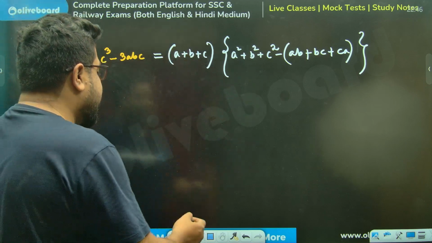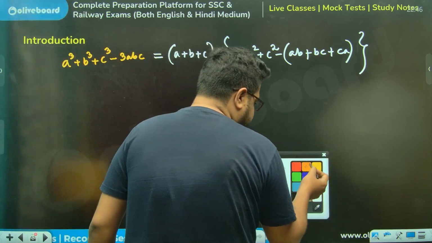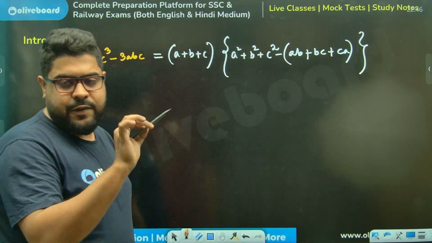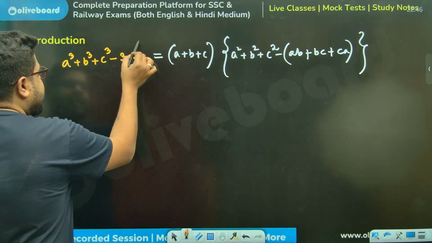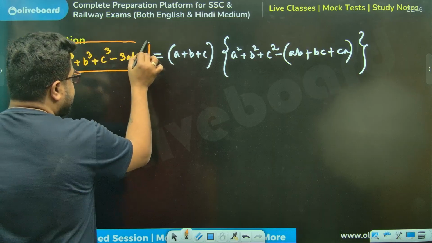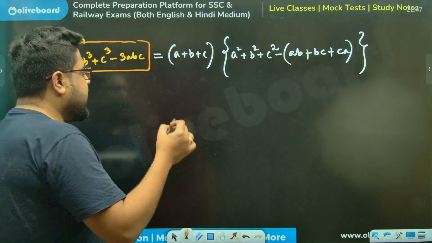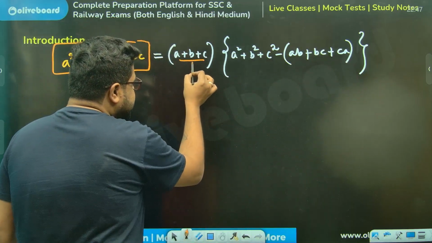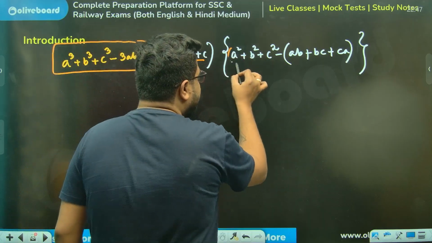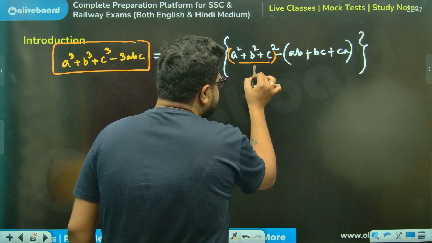Now, you see why I'm saying what I'm saying. In the questions, you will find a few things. So if anything related to this they are asking, you need to know what all you need. You need the value of a plus b plus c. You need the value of a square plus b square plus c square.